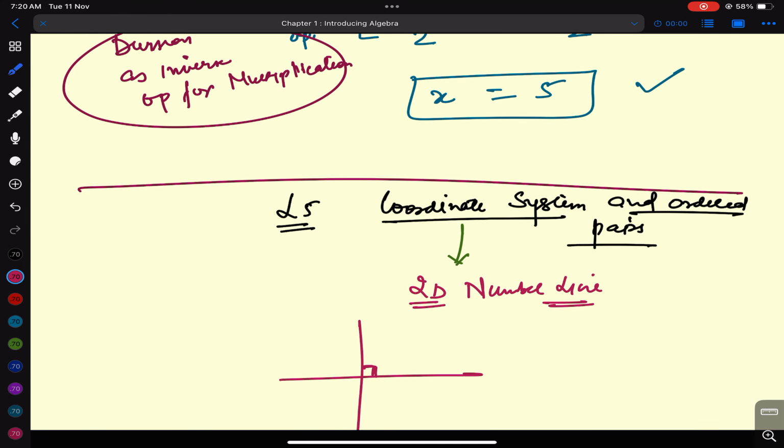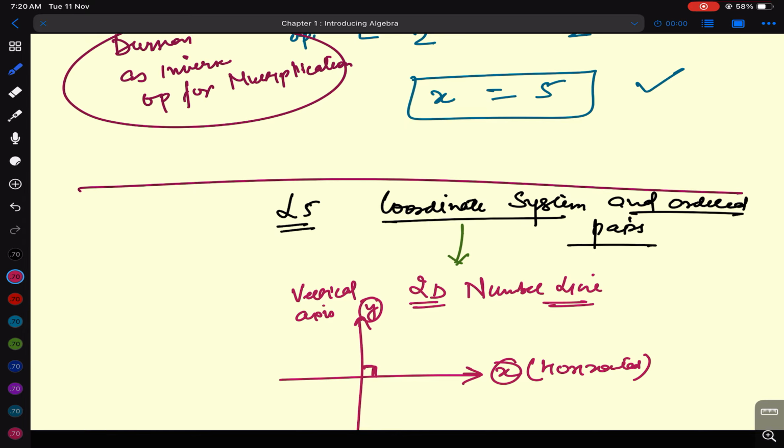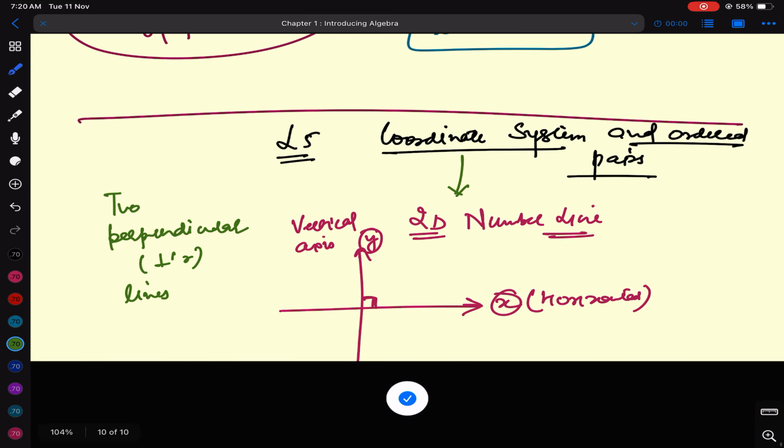Now the horizontal is represented with x, and the vertical axis is represented with y. So essentially we have two axes, one horizontal axis and one vertical axis. That's what makes it a 2D number line. Now here we have two perpendicular axes or lines, right?